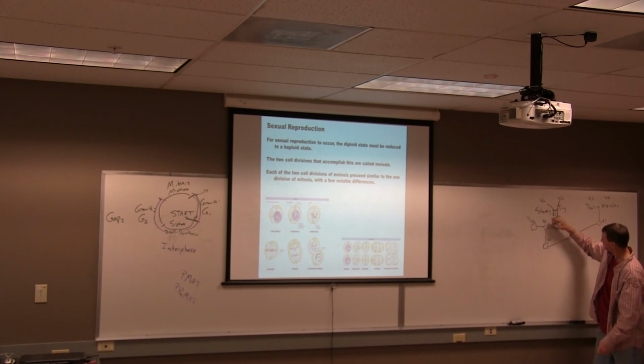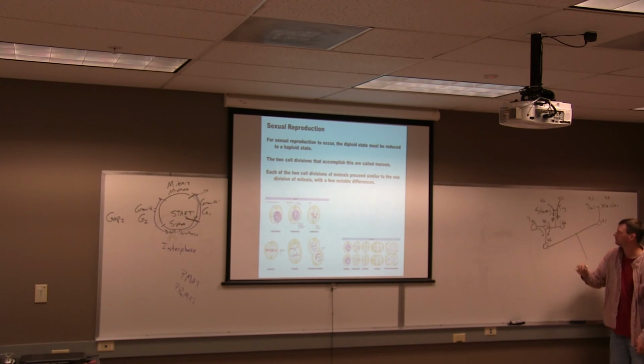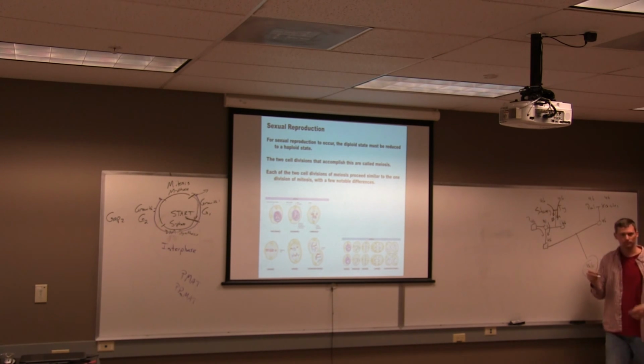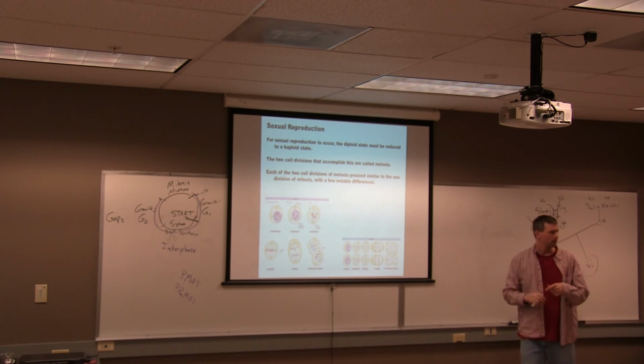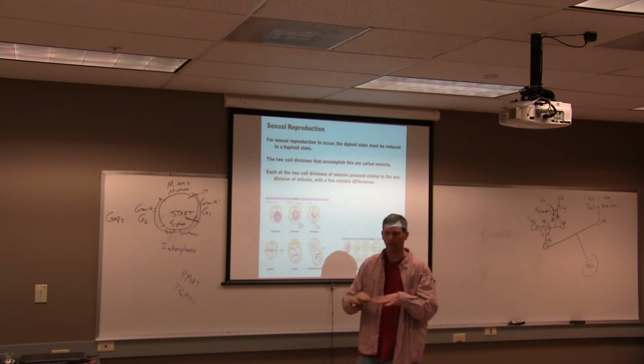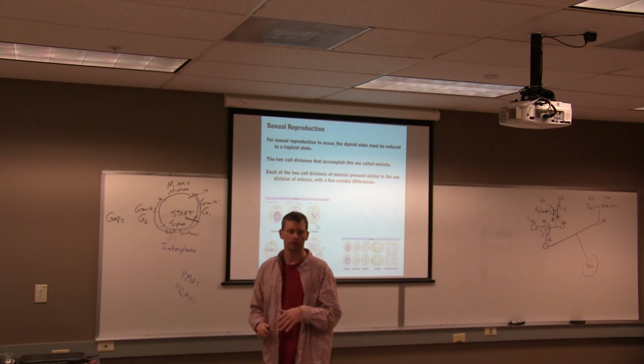So Kate has 46 chromosomes, to the best of my knowledge. We have an equal number and this matches, and this kid will be 46, right? So there needs to be a reduction in the number of chromosomes to a base level, and that process is meiosis.